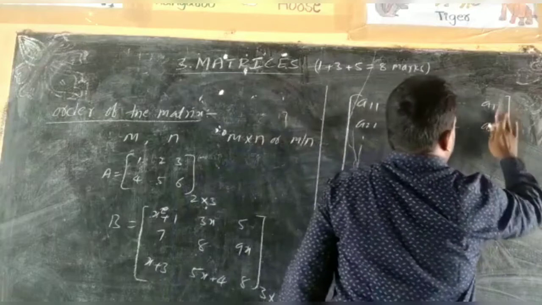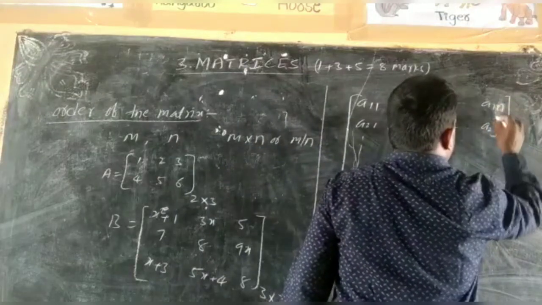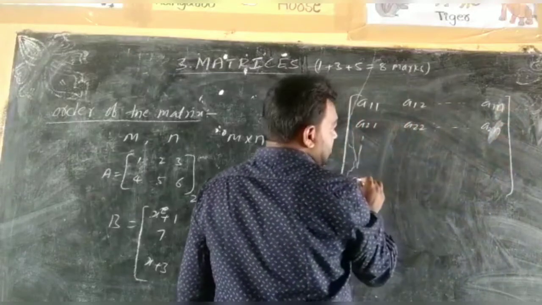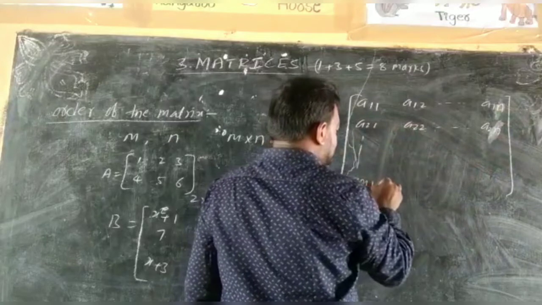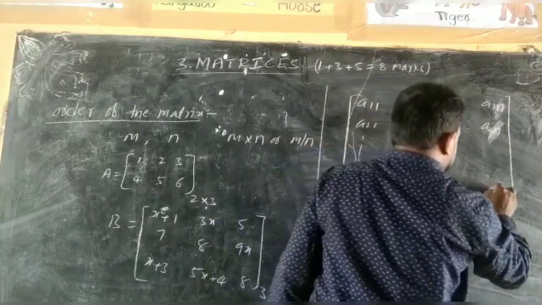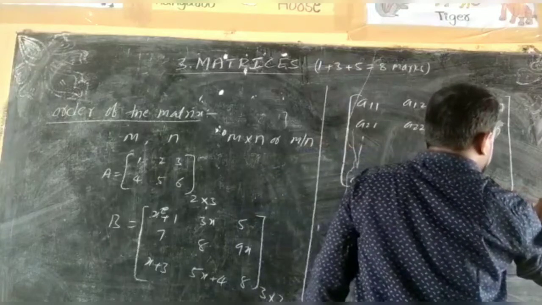Here A, m you write: A1n, A2n, dash dash, Am1, Am2, dash dash, Amn. The order of this matrix is m cross n.